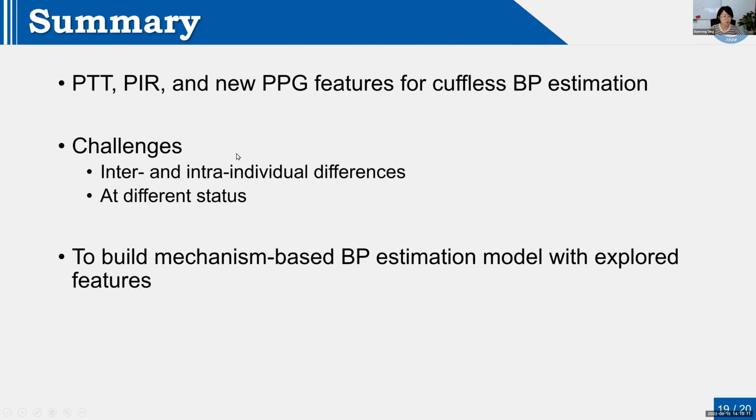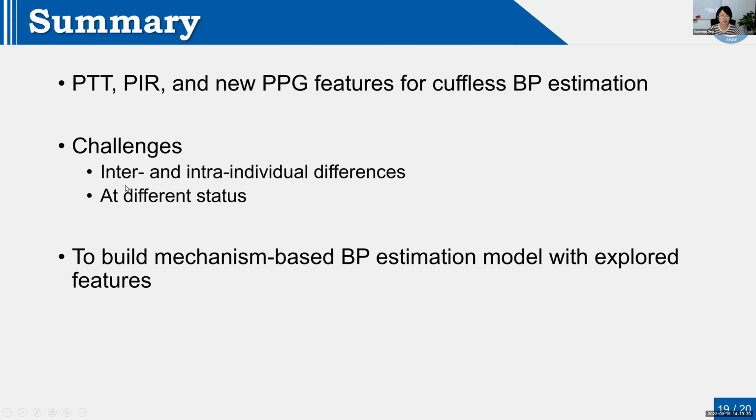So briefly, in summary, we explored new features in addition to the pulse transit time, like the PIR and some new features for cuffless blood pressure estimation. But there are still some major challenges.